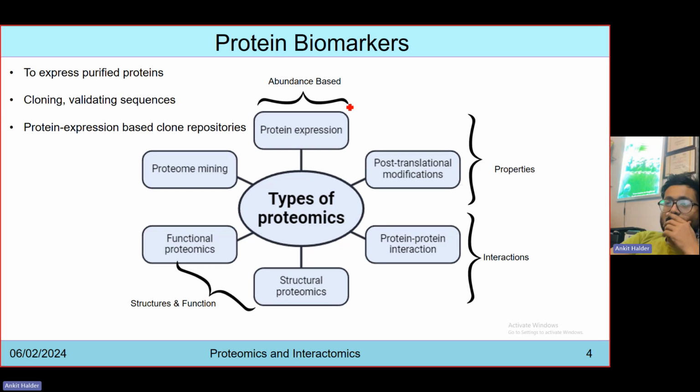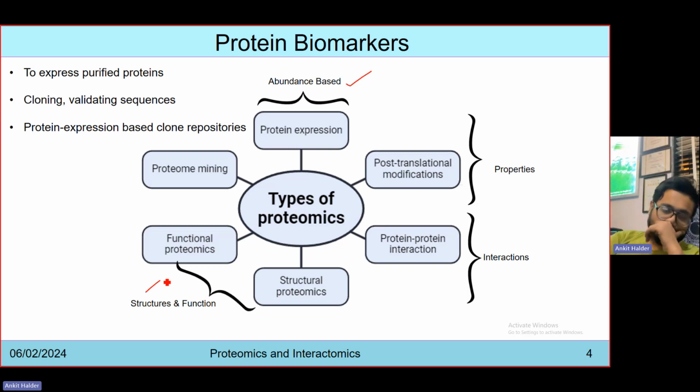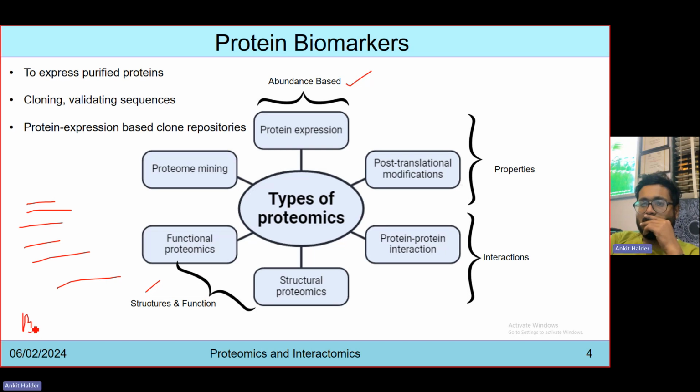Now the major thing is, if we talk about abundance-based or function-based approaches like protein microarrays, there is a need for expressed, purified proteins. But before going to that, just think of proteins: some proteins have high basal level expression, some have low basal level expression.